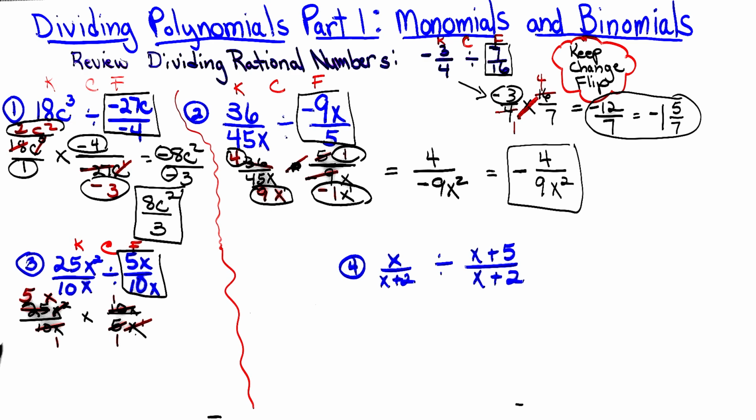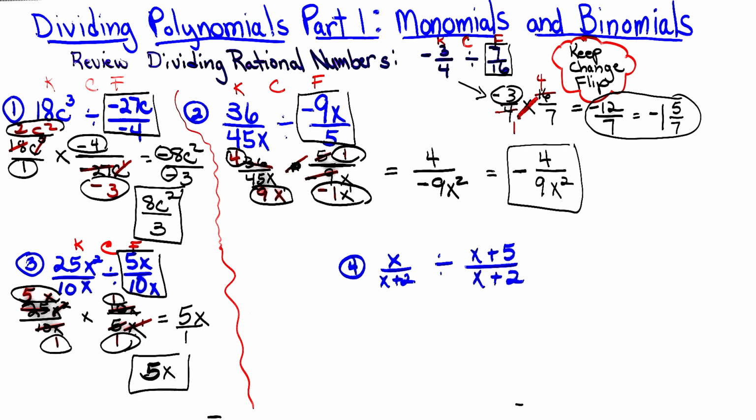Loving this problem. I'm circling everything that I ended up with so it's nice and clear. And I see 5x times 1 is 5x. 1 times 1 is 1. I mean, I could write it that way, but 5x is our answer.